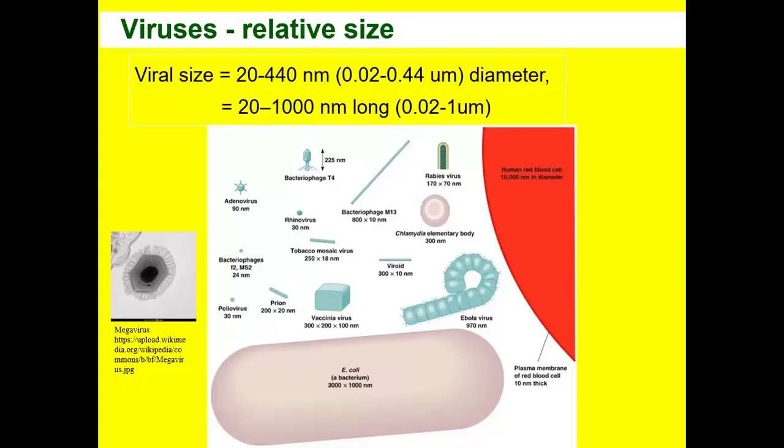Poliovirus, which is in here someplace. There it is right there, which is 30 nanometers, just a little larger than the smallest virus known. So poliovirus is one of the smallest viruses we know. Down to 30 nanometers, and you can get a little smaller. You can go down to about 20 nanometers in diameter.